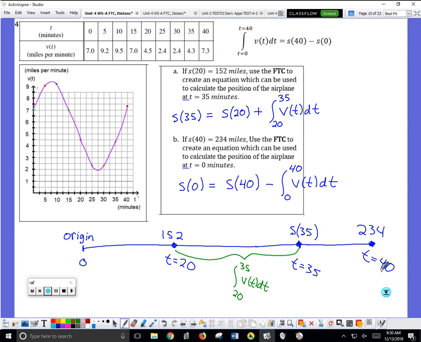The integral is going to calculate how much the change in position was from time 0, which is over here somewhere. And that's why you're subtracting the integral, because you've got to go back in time to find this one. Like Ashlyn said, this one to me I can kind of talk out pretty easily with a story. This one's a little harder to make a story fit. The algebra is just an easier way to do that.